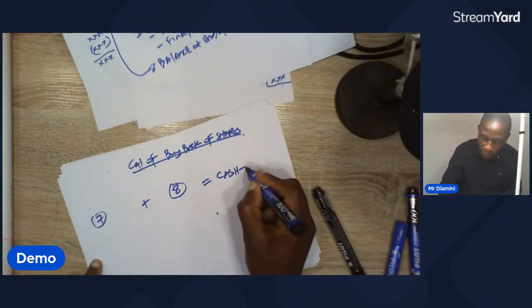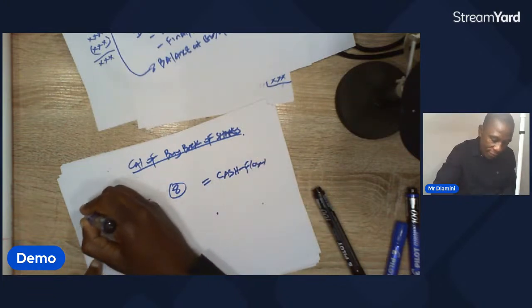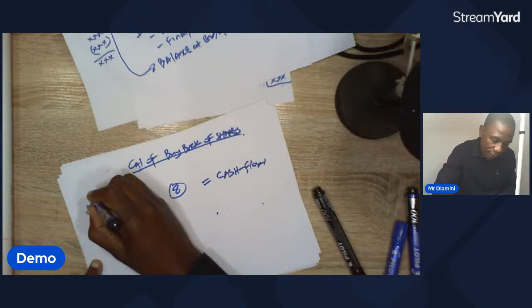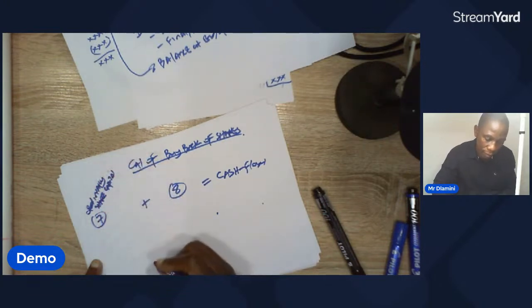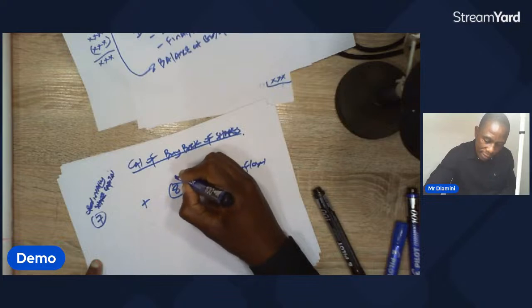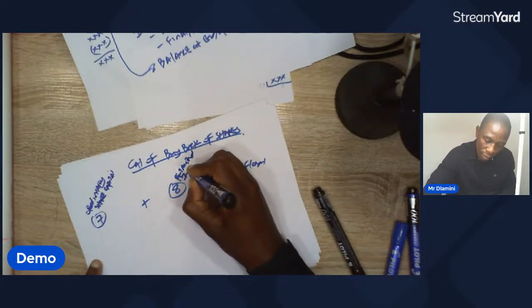So note number 7 is ordinary share capital, note number 8 is retained income.